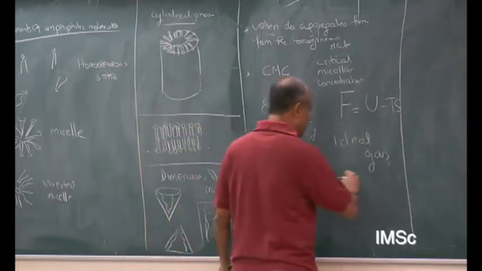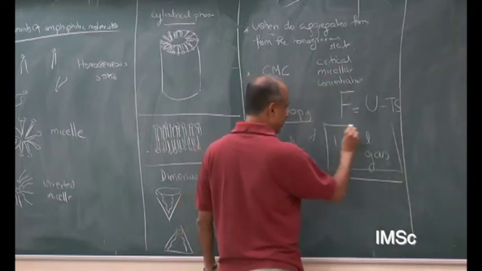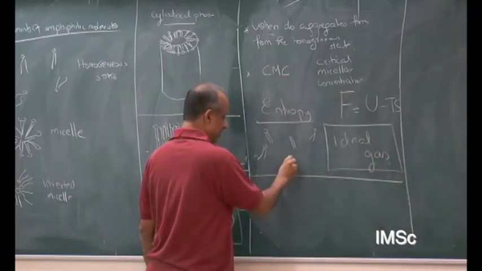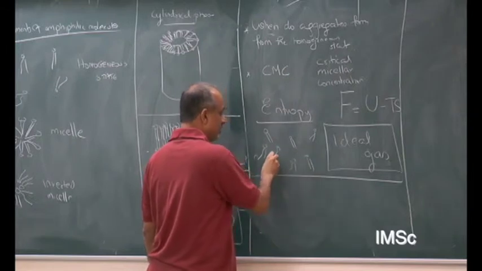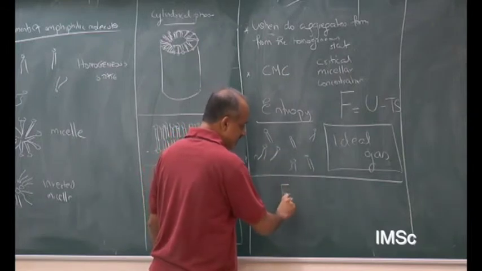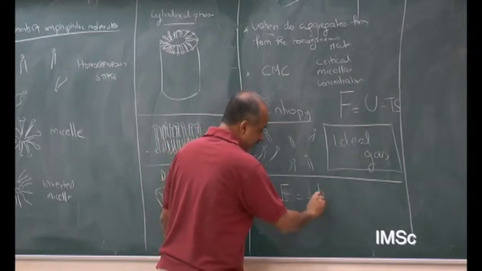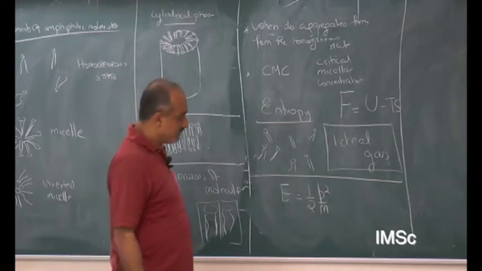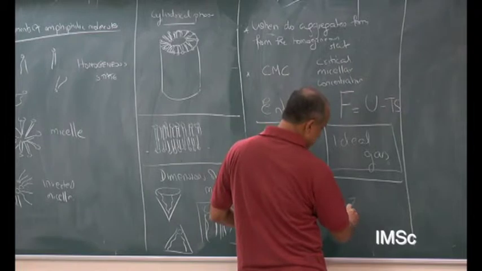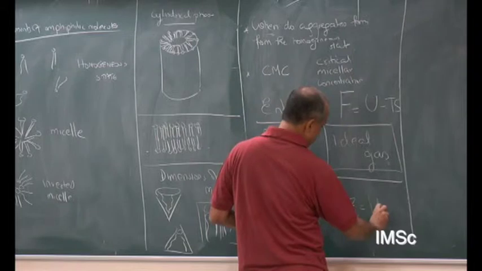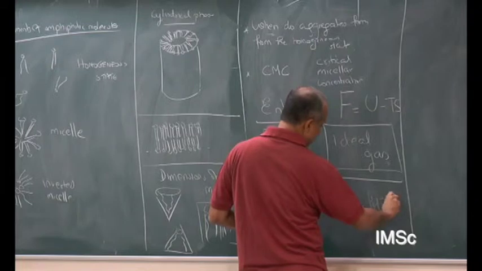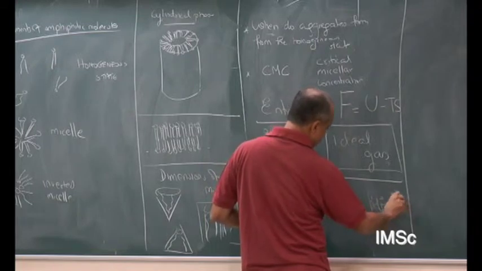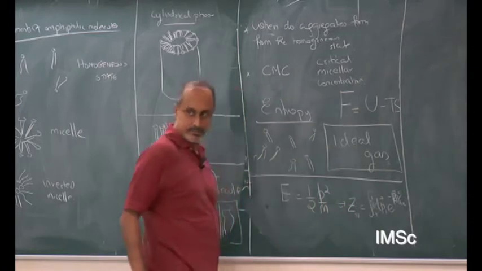And so to do this, let me go back to the old calculation of the ideal gas. Remember that the ideal gas, if I just think of this as a gas of molecules, these don't interact with each other, so their only energy is kinetic energy. So this is p squared divided by 2m. From this, remember that we calculated the partition function for n such particles, which is just the integral over all the momenta of e to the power minus beta p squared over 2m for all of these particles together.